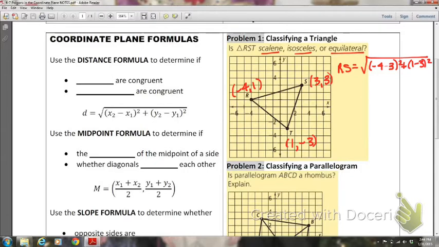And if you plug it in your calculator, that is 7.28011. So that was side RS.